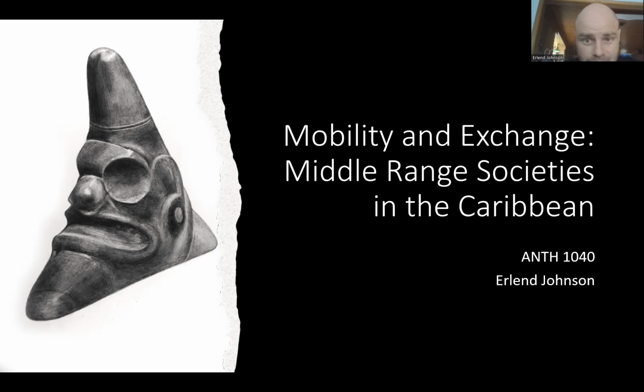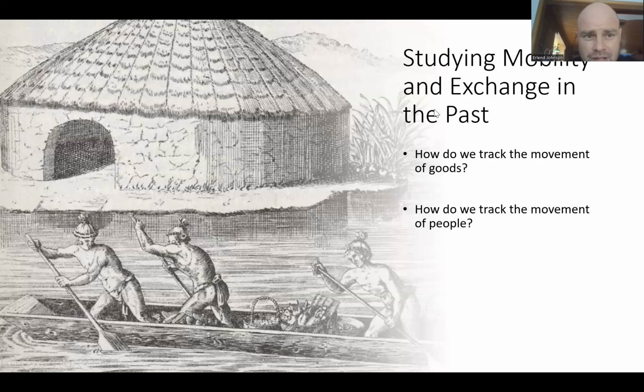So I think a first question that we can think about is how do we study the movement of things and the movement of people in the past? How do we figure out if something has moved? And how do we figure out if people have moved over the landscape over time?